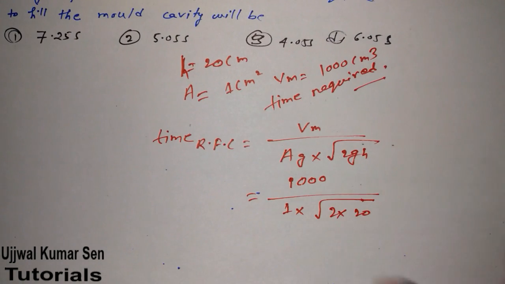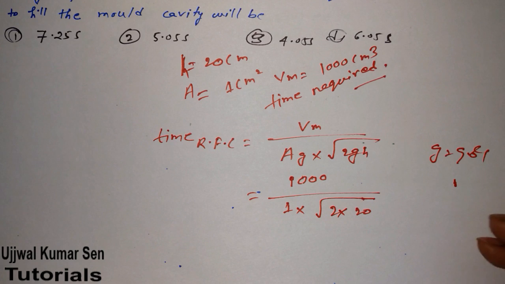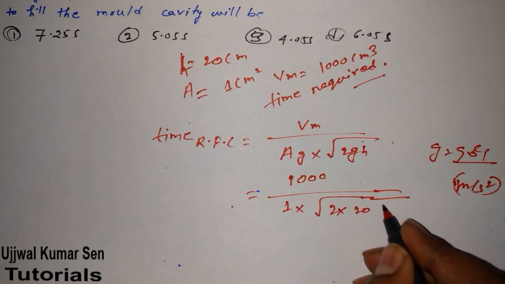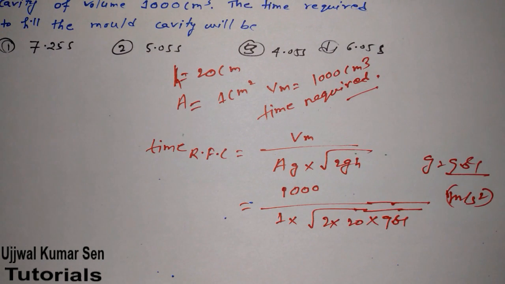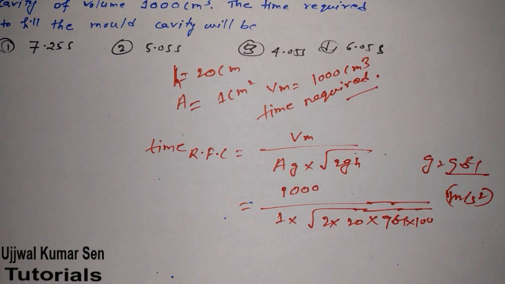Now here you are going to make a mistake. What is that mistake? You will just put G is equal to 9.81 and you will not see that the unit is meter per second square. So what you have to do with 9.81, you have to change its unit to centimeter per second square. So you have to multiply by 100, then only you will get the right answer.